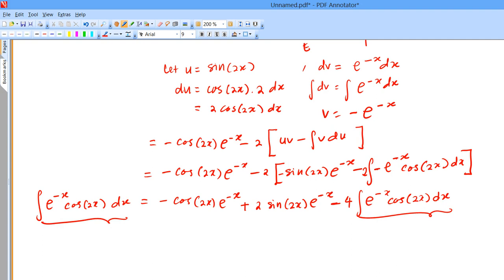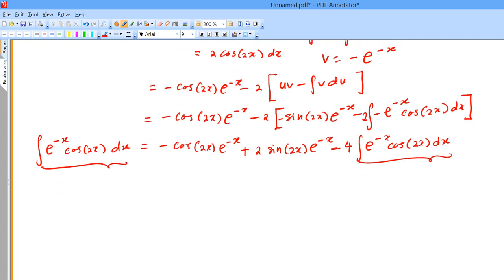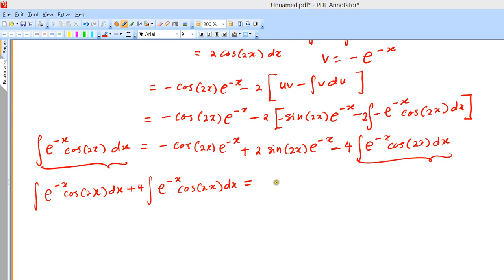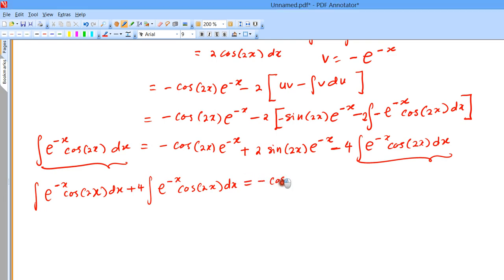So we get integrate e to the power of negative x cos 2x dx, okay, plus 4 integrate e to the power of negative x cos 2x dx equals negative cos 2x e to the power of negative x plus 2 sin 2x e to the power of negative x.